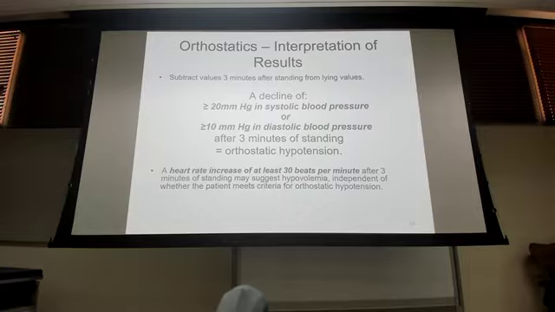Even if the orthostatics for the blood pressure don't meet the parameters, if you see that heart rate increase by more than 30, I'll go ahead and treat it as hypovolemia. And that's the last bullet on the slide. So independent of the 3 minutes after standing, changing the systolic, diastolic, if you get the pulse change, hypovolemia.